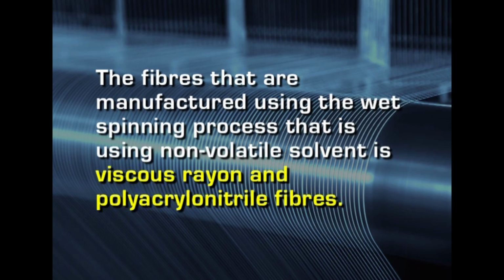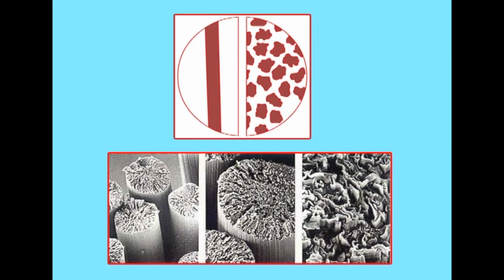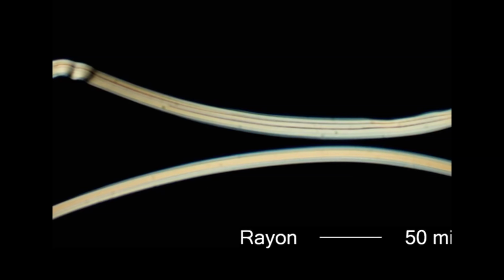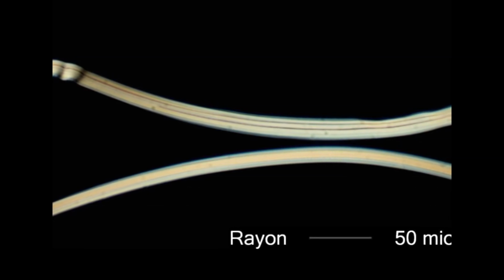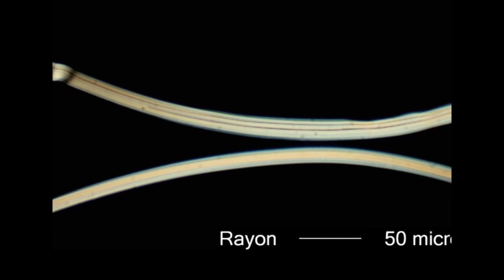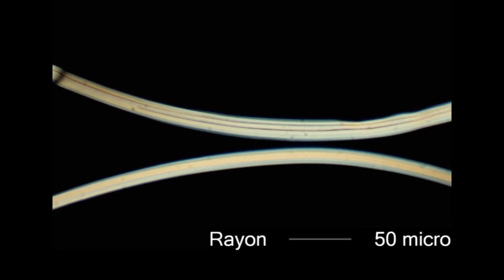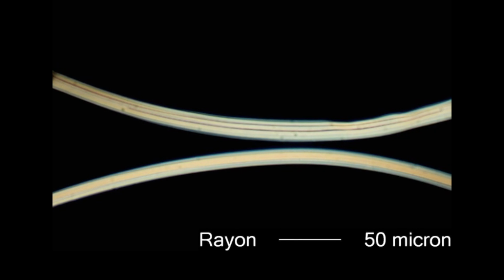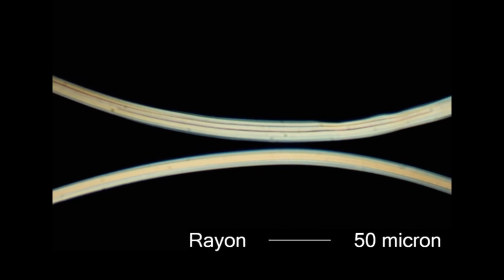The fibers that are manufactured using the wet spinning process, that is using non-volatile solvent, are viscose rayon and polyacrylonitrile fibers. Actually, the cross sectional shape of these fibers will be serrated, because the coagulation occurs in this bath, and thus they assume a new shape with a serrated effect, and this will be seen in the form of long lines on the longitudinal section of the fiber.